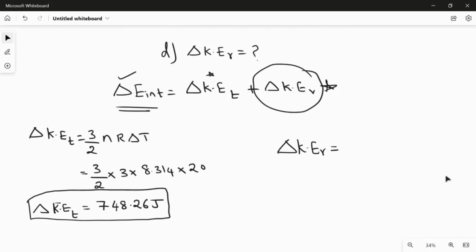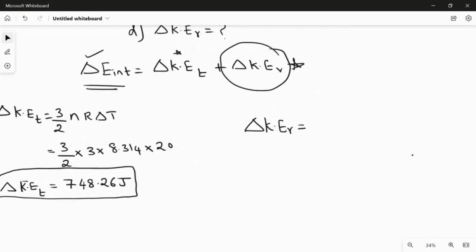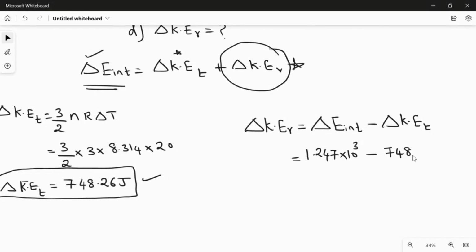If you rearrange, the change in rotational kinetic energy is equal to the change in internal energy minus the change in translational kinetic energy. Substituting the values: 1.247 times 10 to the power 3 minus 748.26.